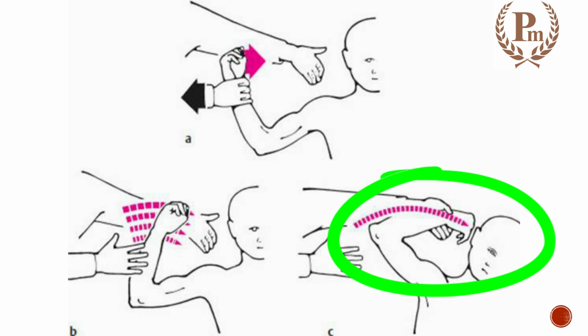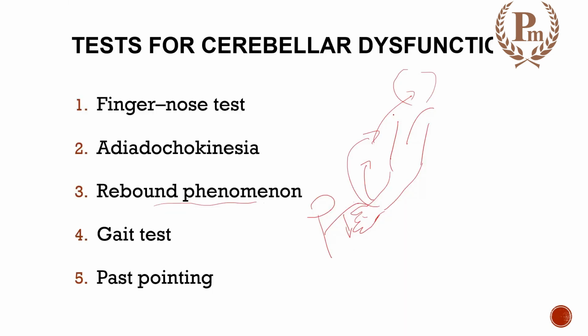Normally, there is a resistance. So when he's trying to flex, he just stops midway. Instead of slapping himself, he stops midway. And this is what is called rebound phenomena. So it is a reflex. It's actually a cerebellar examination.